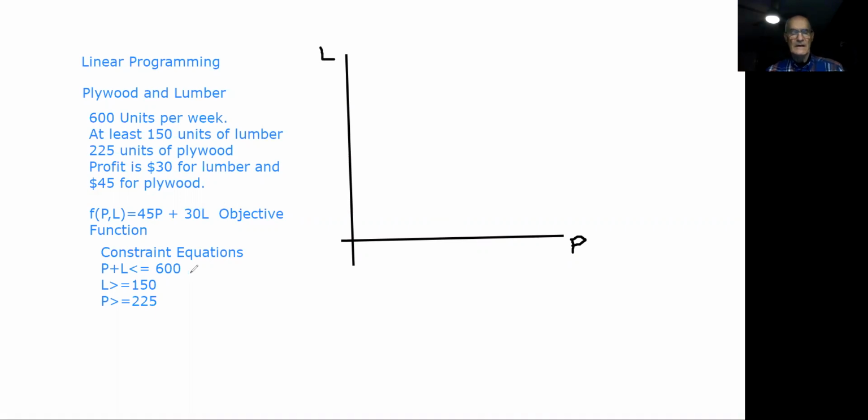So now I'm going to come down here. If I look at my P plus L less than or equal to 600, if L is 0, then P is 600. So I have a point out here, which is 600 comma 0.